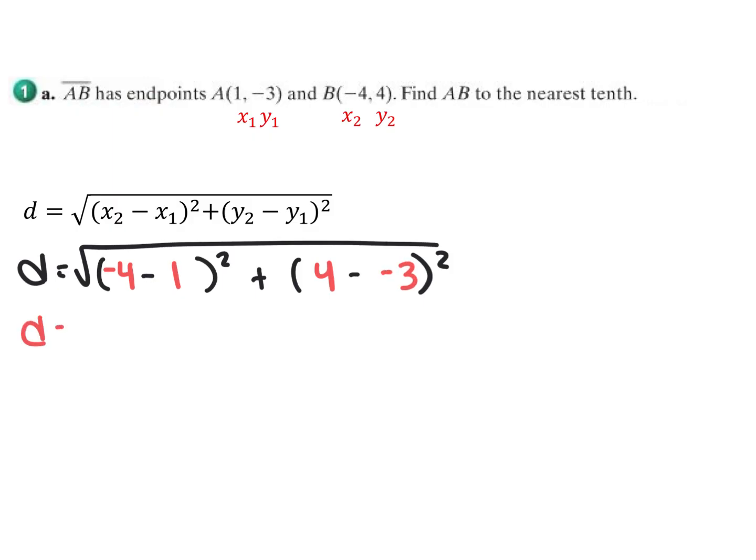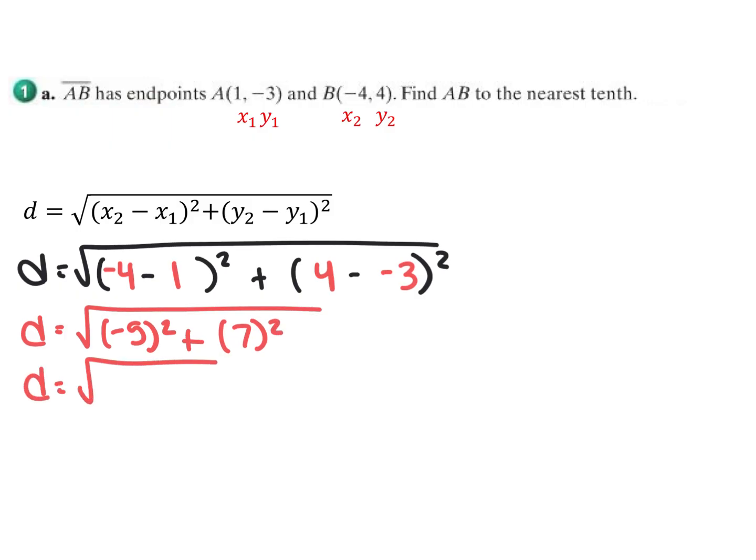So if I keep going, -4 minus 1 is -5 squared, and 4 minus -3 becomes 7 squared. This becomes the square root of 25 plus 49. If I do 25 plus 49, it gives me a value of 74.